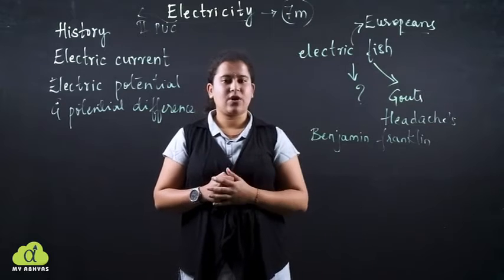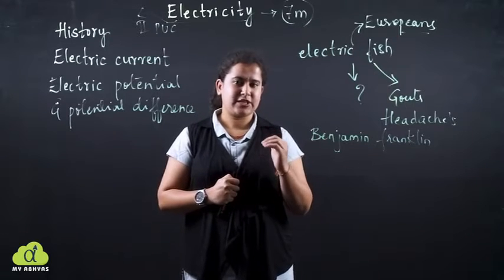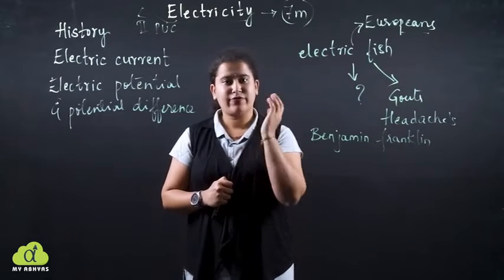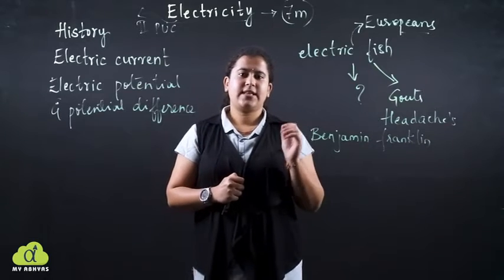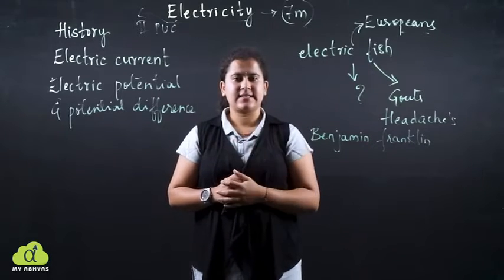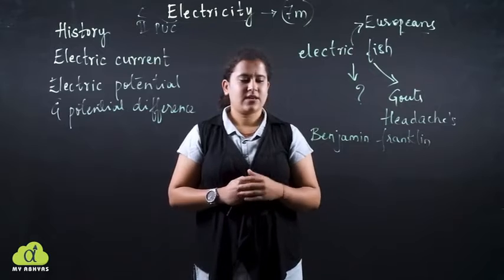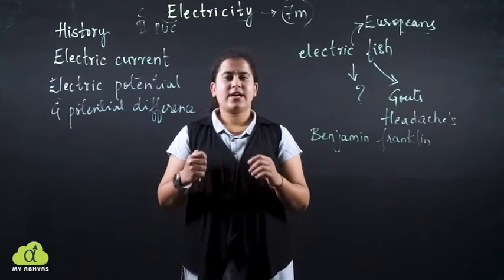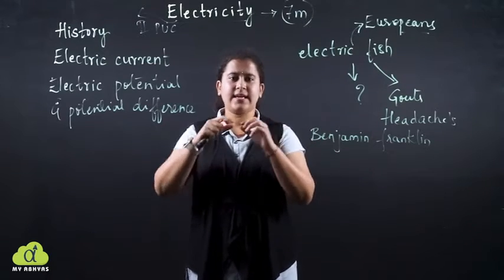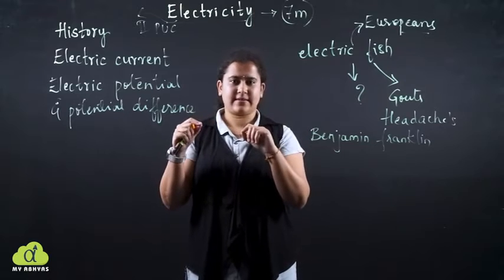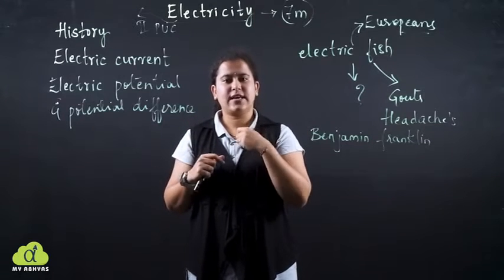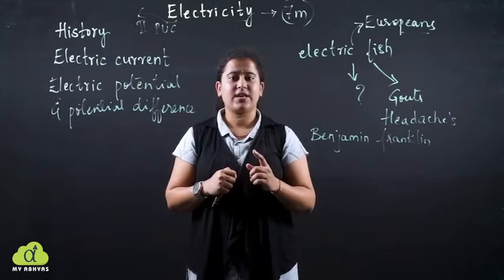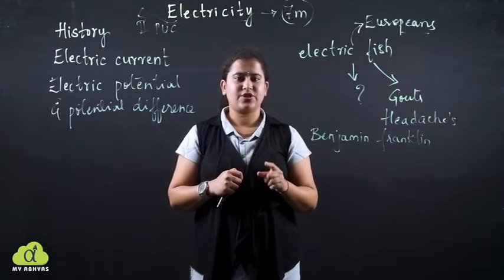Benjamin Franklin was the first one who gave that this lightning consisted of electric current. How did he do that? He took a kite, then he put a key to that. After that, he flew the kite whenever the lightning was happening.